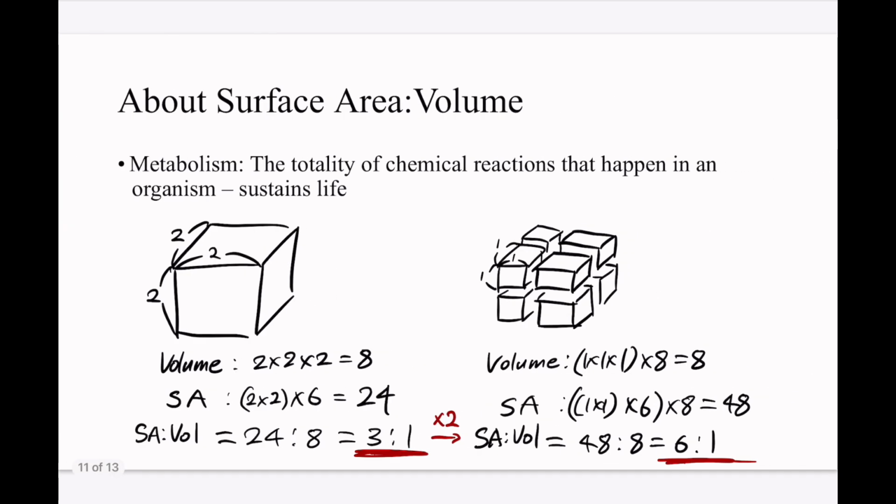So why do these organisms have to be divided up in the first place? Well, this is because of the exchange rate of materials with the outside world needed for cells to survive. One of the functions of life is metabolism. Again, all chemical reactions that happen in an organism, which is essential for the sustaining of life.